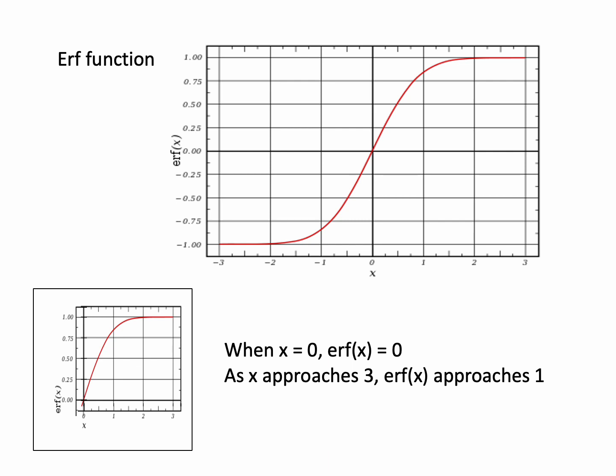This error function is possibly a new function for you. The complete error function goes from -1 to +1, as x goes from -3 to +3. We are only going to use the upper right quadrant, for values of the error function of x from 0 to 1.